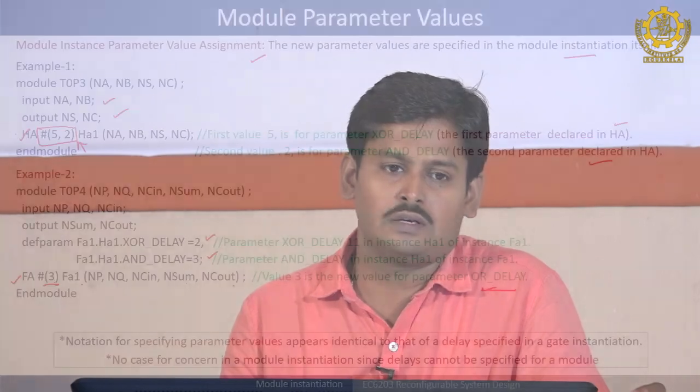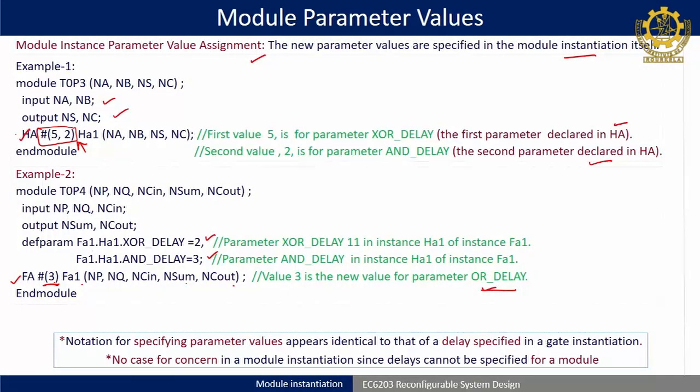So in the second line it is written, not a concern for module instantiation, since delays cannot be specified for a module using hash. While defining a module we generally do not specify the delay. Delays are specified internal to the module architecture.